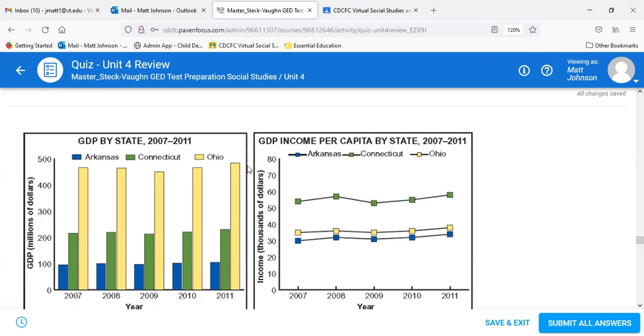So per capita, that's about 35,000 if you look at Ohio, and about 30,000 for Arkansas. Again, our value changes on the y-axis, from hundreds of millions of dollars on the one on the left to tens of thousands of dollars on the one on the right. So that's about what we generate per person, about 35,000, whereas somebody in Connecticut is producing somewhere between 50 to 60,000.